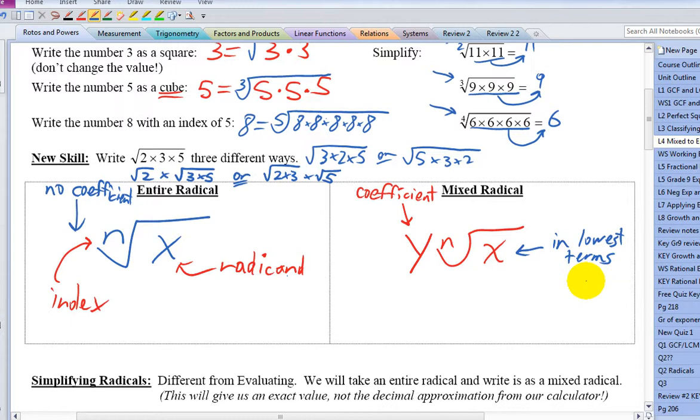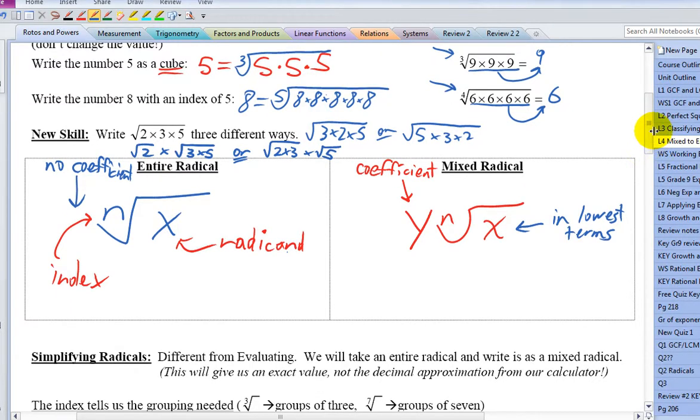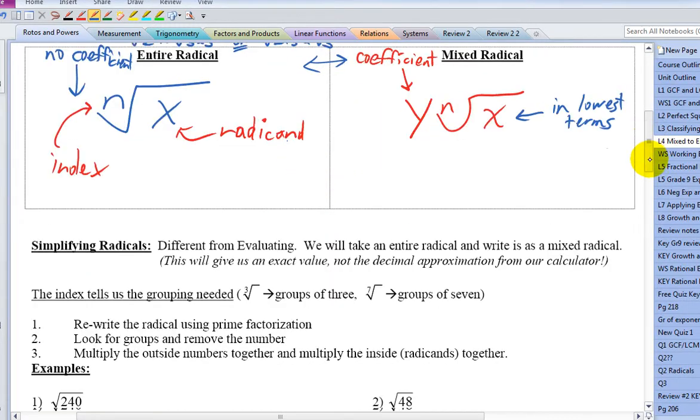Okay, so you can't take anything else out. So what I'm going to give you is some stuff that's not in lowest terms, just to check you out. We'll go over those in a little bit. Any questions about the difference between an entire and a mixed radical? All we're going to do now is go back and forth, back and forth.